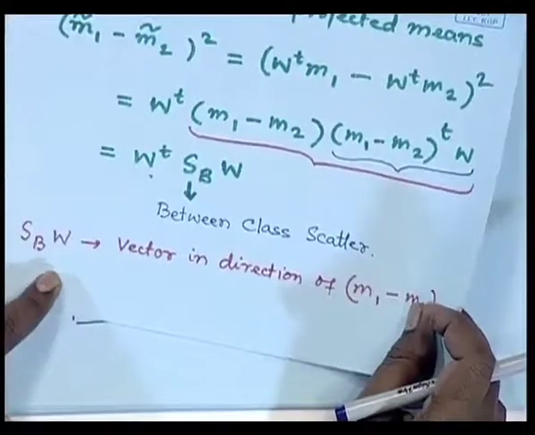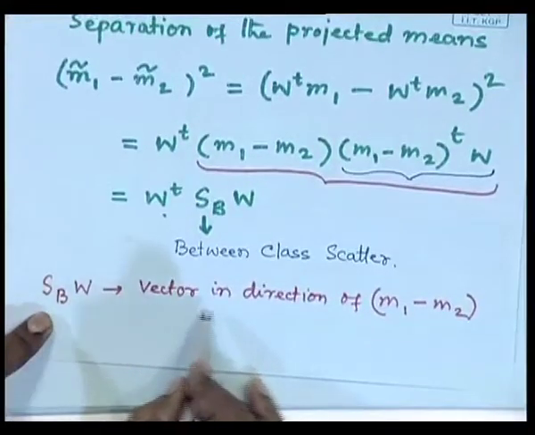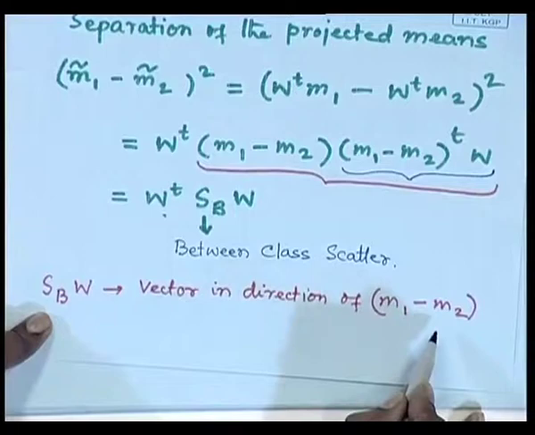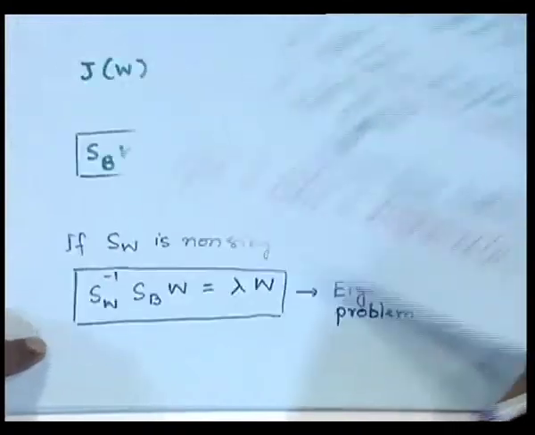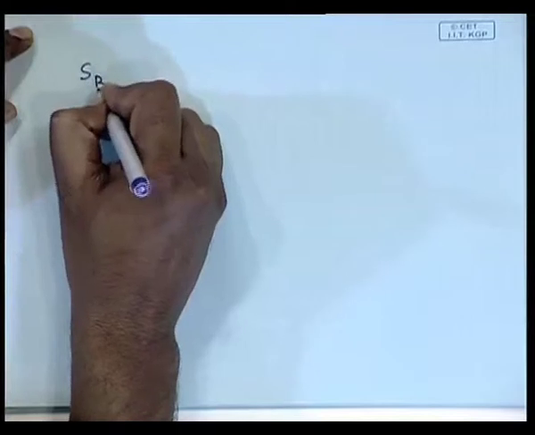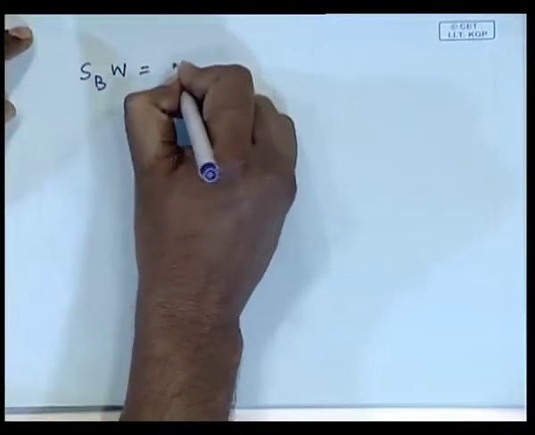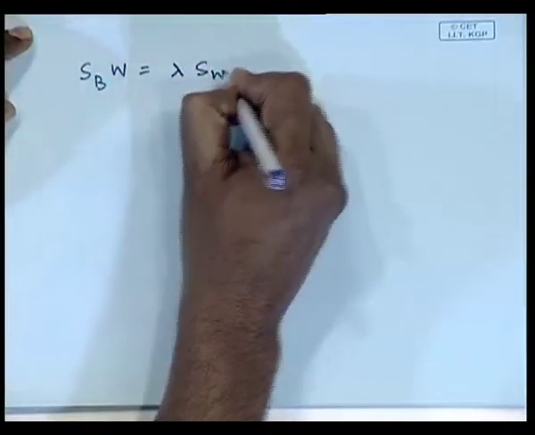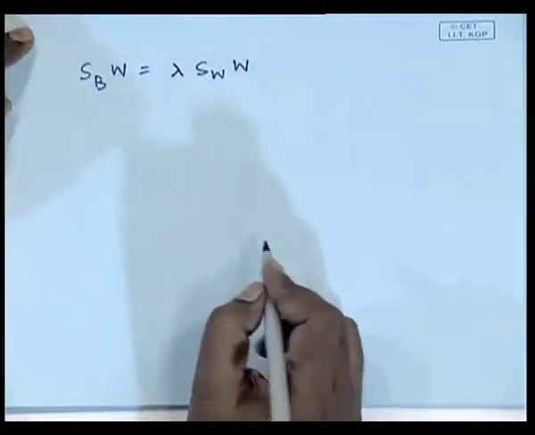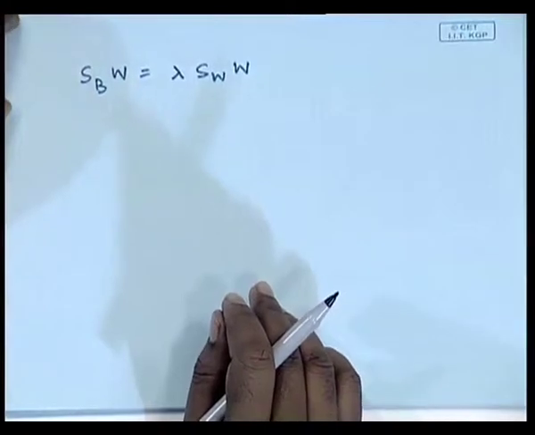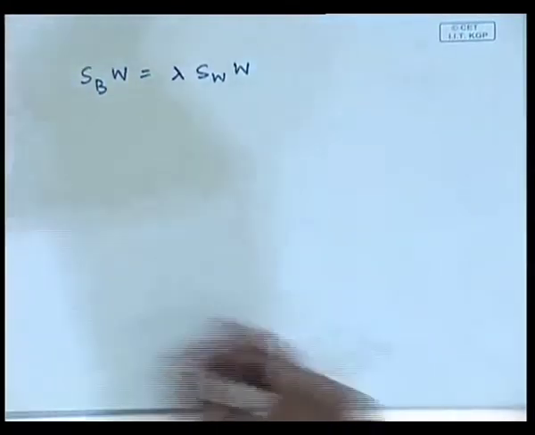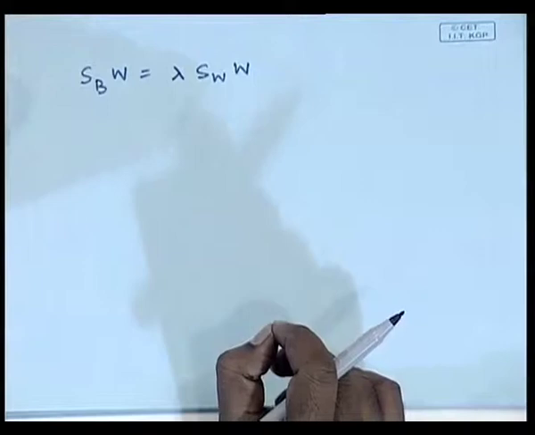SBW, as we said, is a vector in the direction of M1 minus M2. So, by using this and from the relation that SBW is equal to lambda SWW, I can find out what should be the direction W, because as I said, the scale factor of W is not that important.